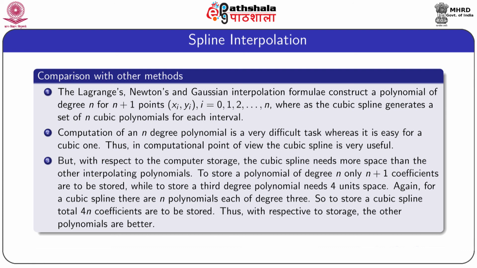But for a cubic spline there are n polynomials each of degree 3. So, to store all n cubic polynomials, we have to use 4n units of memory space. Thus, with respect to storage, the other polynomials are better than the cubic spline polynomials.